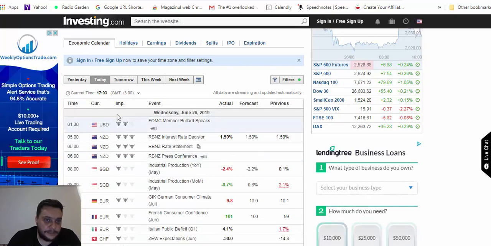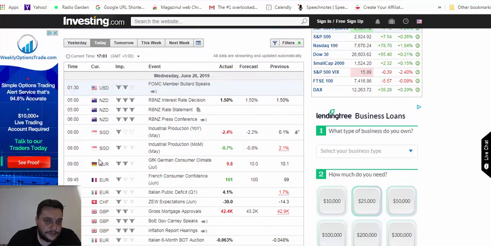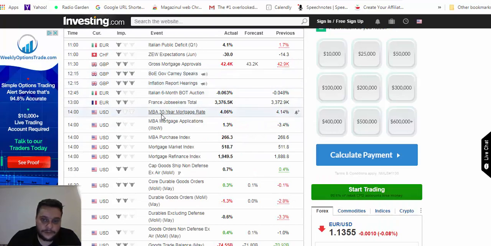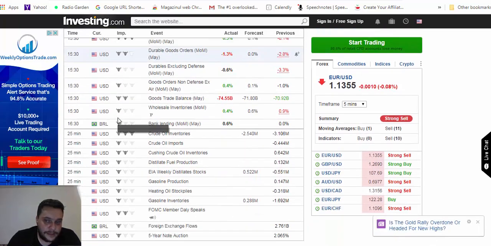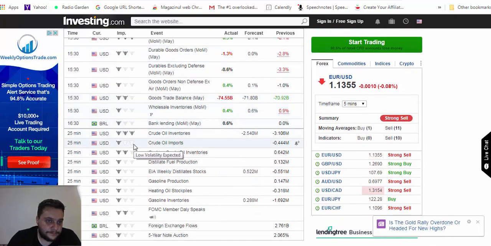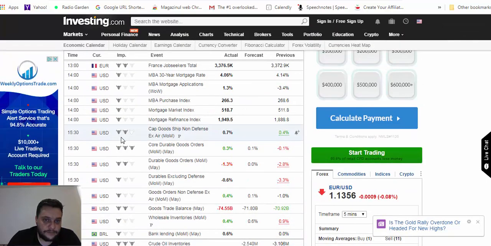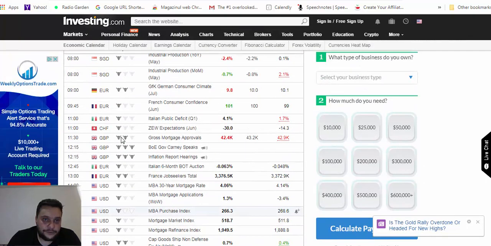My time zone is GMT plus 3. And on New Zealand dollar, at 5 o'clock there was red bull news. Also GBP on 12 o'clock. And on US dollar. So we need to avoid these currencies.